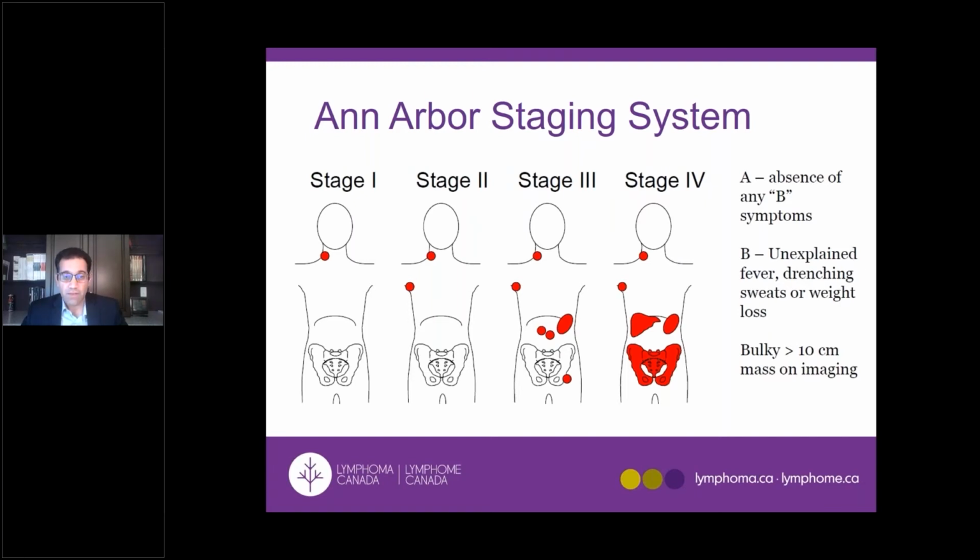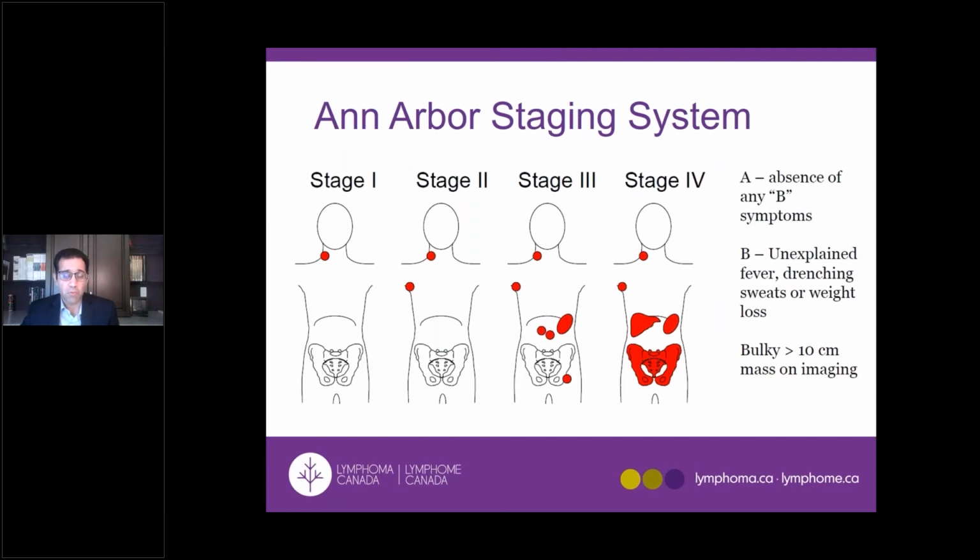And then after that, we can mark the patient as stage 3A, for example, or stage 2A or stage 2B based on the presence of B symptoms. As we mentioned, B symptoms include night sweats, fever, significant loss of weight, and significant loss of appetite. And then we can add bulky disease to the staging, which means the size of the lymph nodes is more than 10 centimeters on imaging. So I can say that the patient has stage 3B bulky disease.